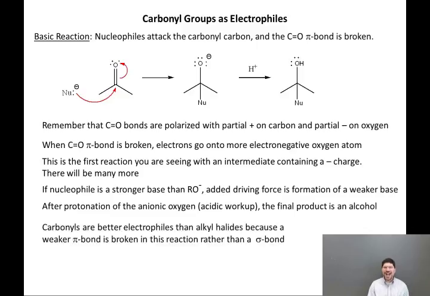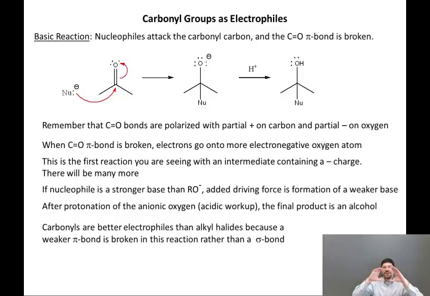So carbonyls are actually better electrophiles than alkyl halides because the bond that you're breaking is a pi bond, whereas with an alkyl halide, you are breaking a sigma bond. And as we learned about in the first unit, pi bonds are weaker than sigma bonds. Remember, they have their electron density above and below the interatomic axis.